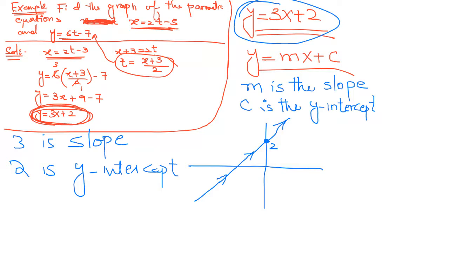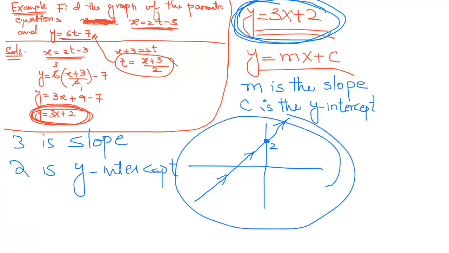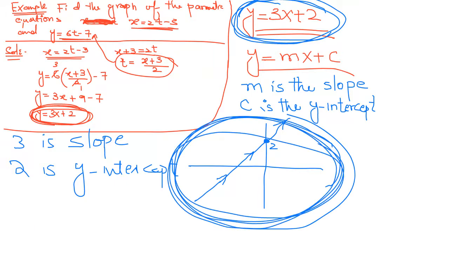Okay, if you can't understand from this value how to draw, there is another method. Let me remove this one. Can I remove this and explain how to draw the graph in a simple way? I want to remove this page and explain how you can draw this graph if you don't know the slope and y-intercept.